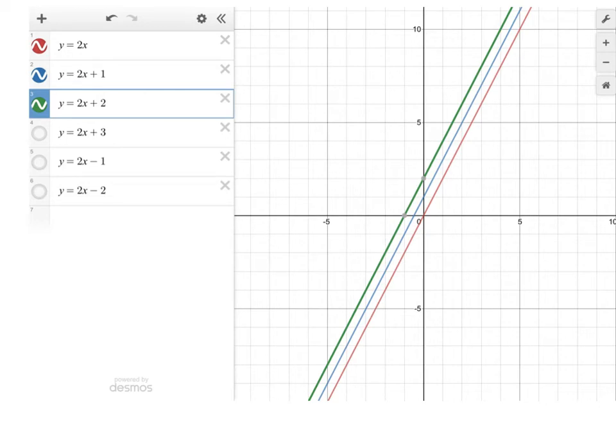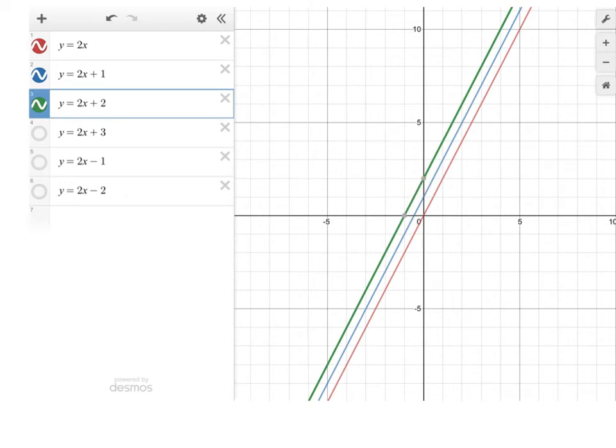So this next one here, my green line is y equals 2x add 2. So if I go back to y equals 2x, which is my red one, 1, 2, and I get a point on the green line. If I start from the red line, 1, 2, and I'm up to a point on the green line again. So the green line is just the red one moved up 2.